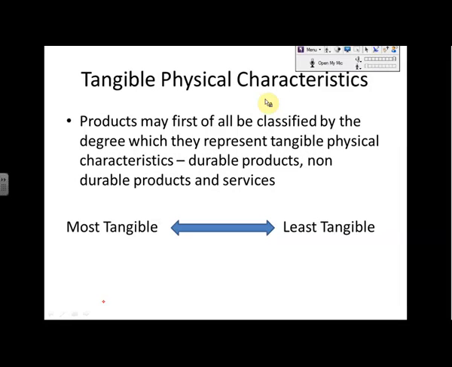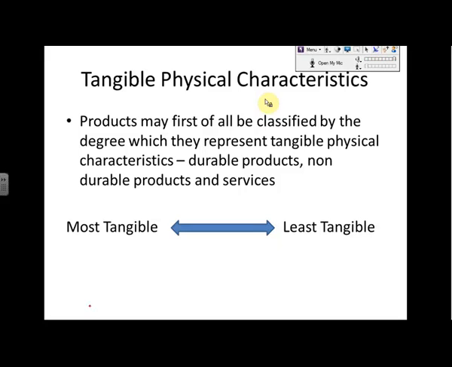The physical characteristics. Products may first of all be classified by the degree to which they represent tangible physical characteristics. For example, durable or non-durable products and services. So we are looking at a situation where they start from being most tangible to a point where they go to being least tangible.